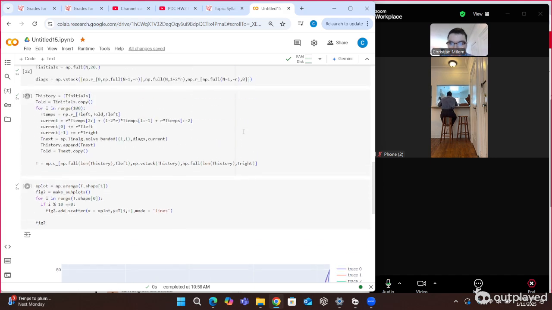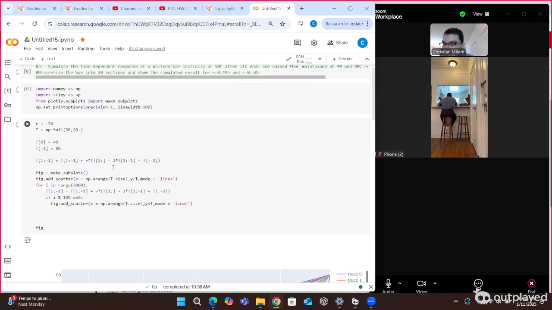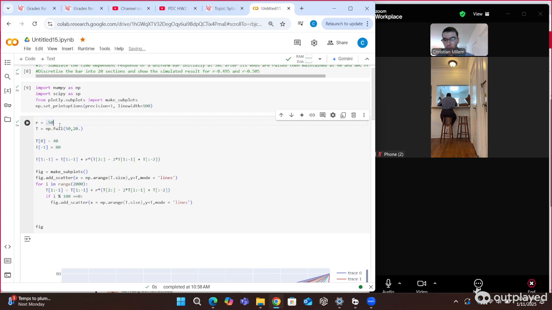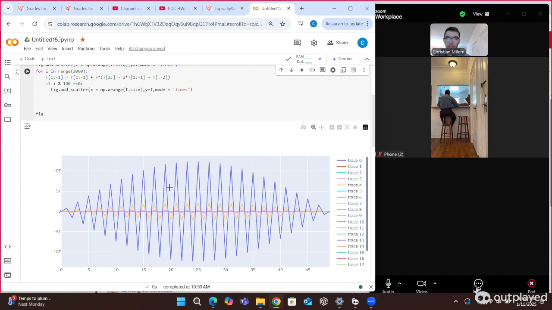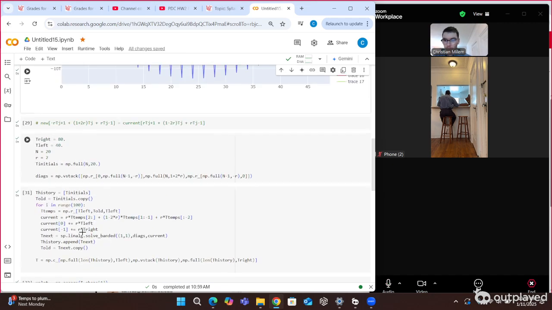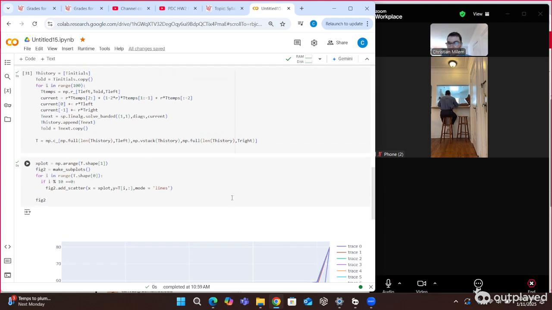We use our Crank-Nicholson equation to show that even when we have a value of r that's greater than 0.5, we don't get these crazy oscillations. So that should wrap up homework 3 Part C.